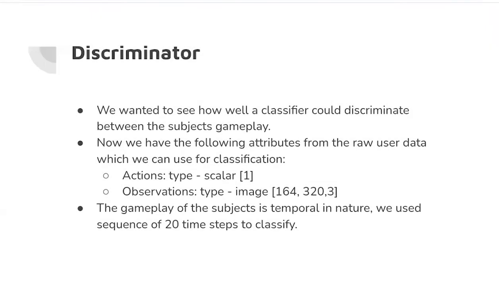Further, we wanted to see how well a classifier could discriminate between subjects' gameplay. Now we have the following attributes from the raw user data: actions, which are scalars; observations, which are in the form of RGB game images. The gameplay of the subjects is temporal in nature. We used sequences of 20 time steps to classify which subject it belongs to.